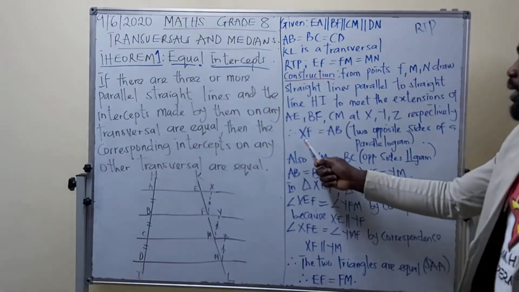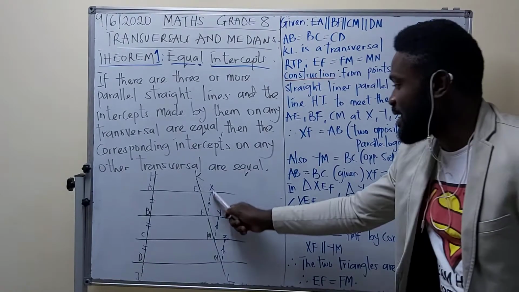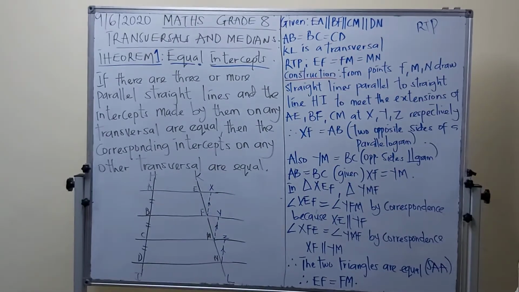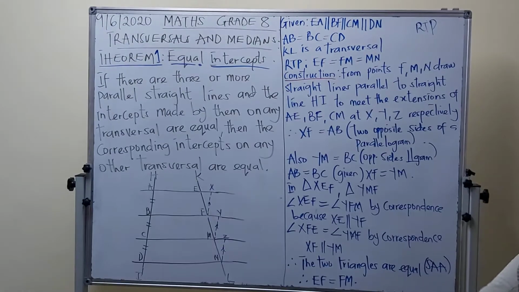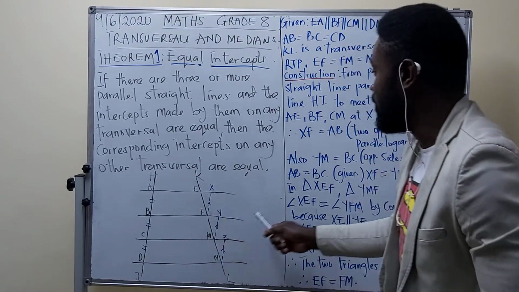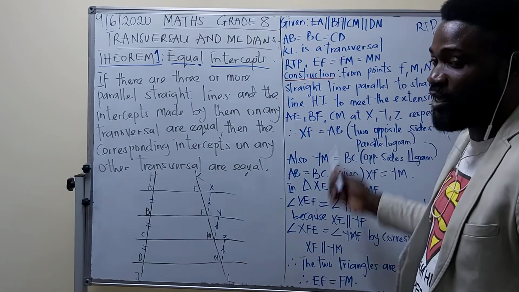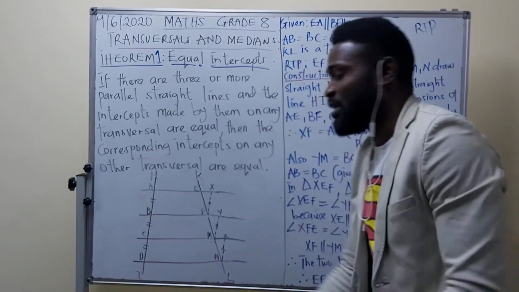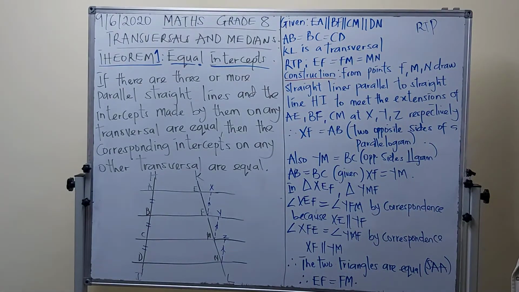Therefore, XF equals AB. What is the relationship between them? According to the instruction, they must be parallel lines. So we can say XF is parallel to AB. That is the relationship between these two lines.